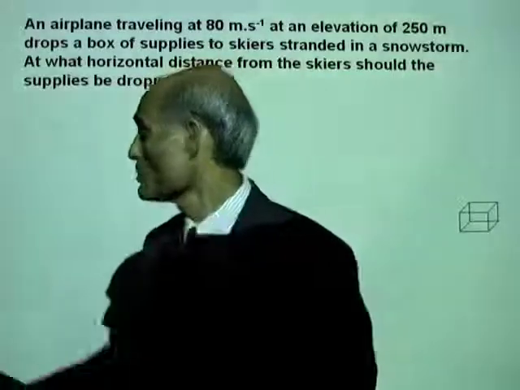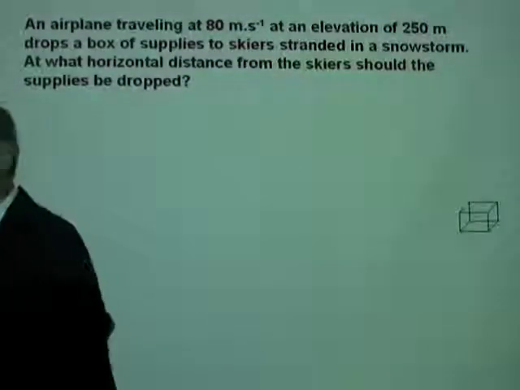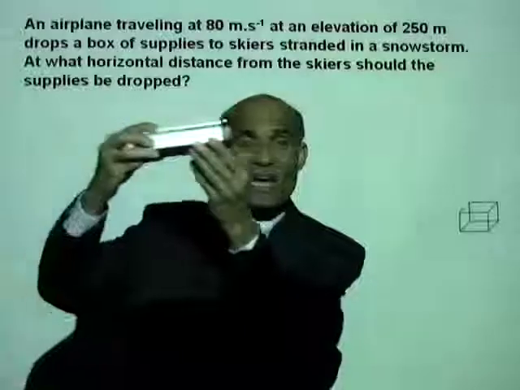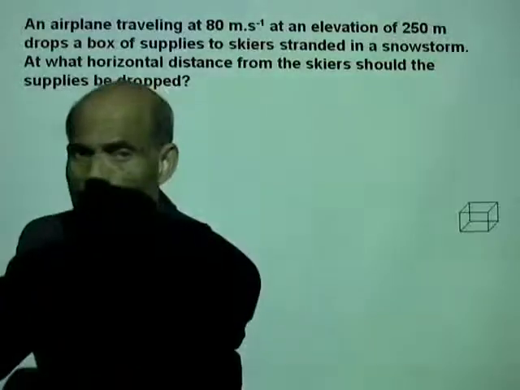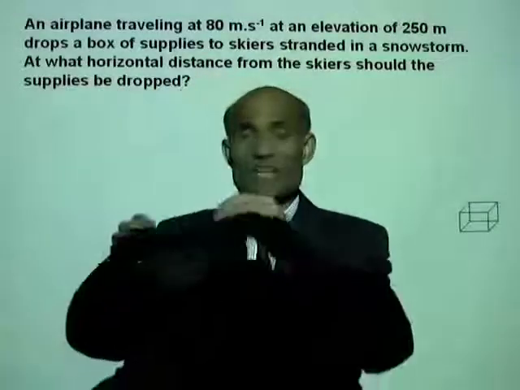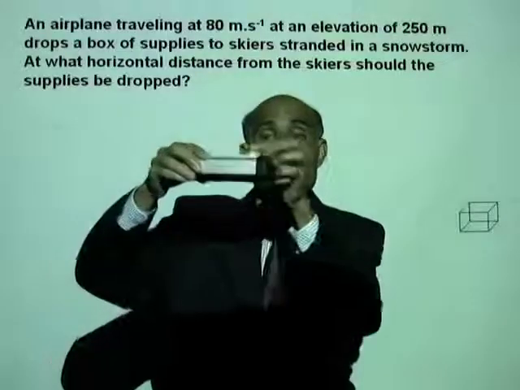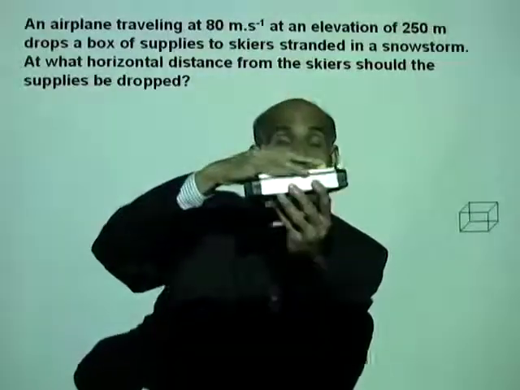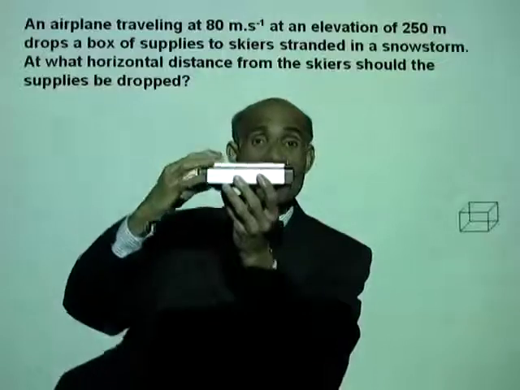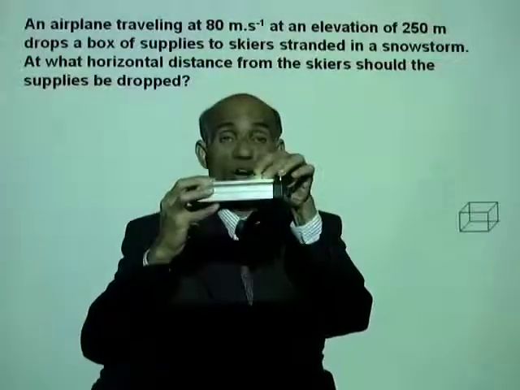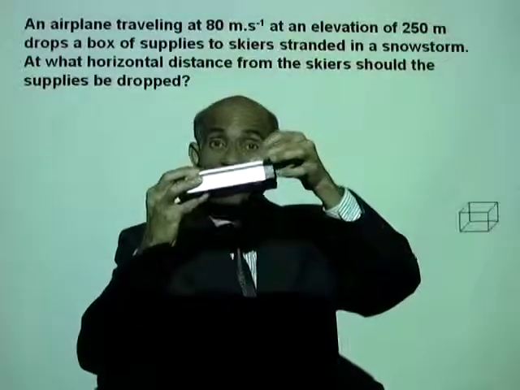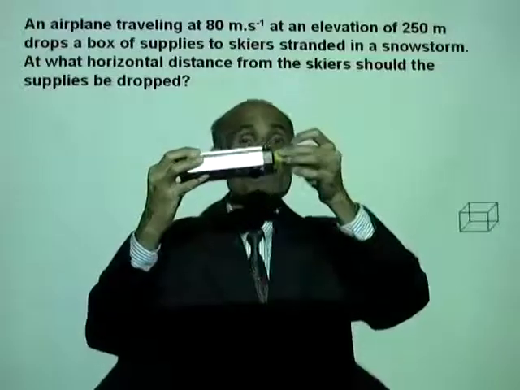Now, I hope you understand this concept. Suppose this is the airplane traveling, and from the traveling plane, you're going to drop a box. That means this box has the same horizontal velocity as the plane.